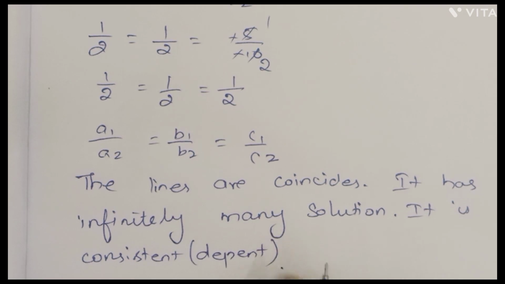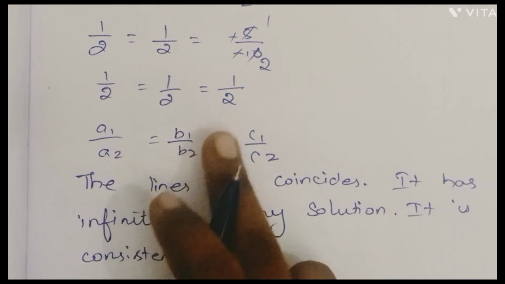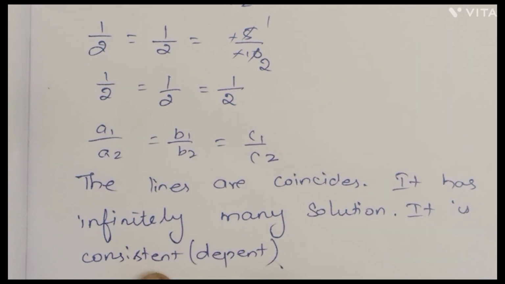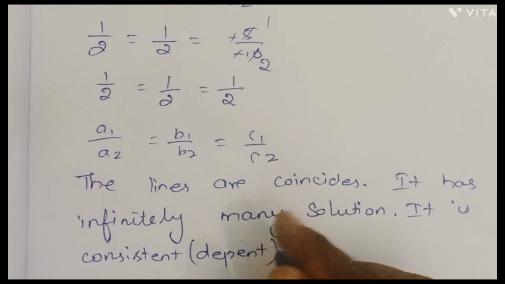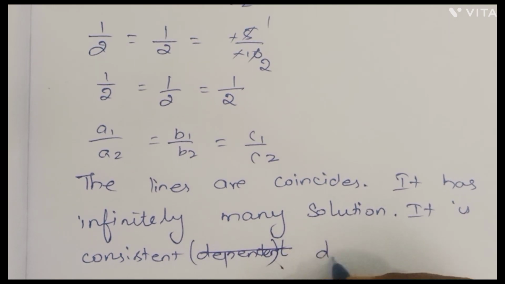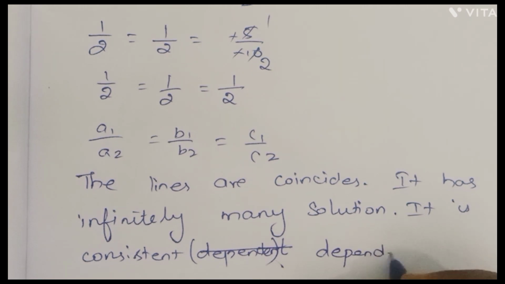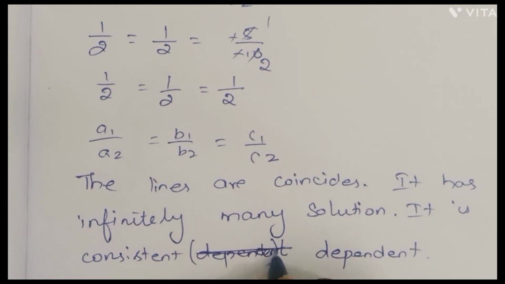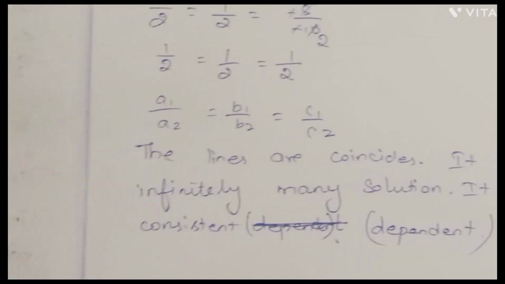So if the two lines coincide, then we say that it is consistent dependent.